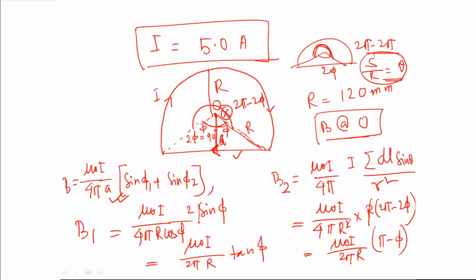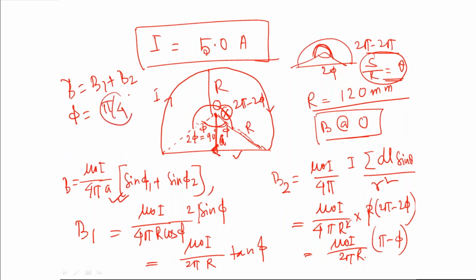I is given, r is given, you have to just put the values. r is actually 120 millimeter, and I is 5 ampere. If you do all the calculations, the total B will be B1 plus B2, and phi is pi by 4.